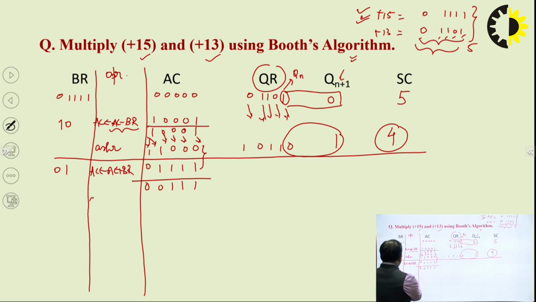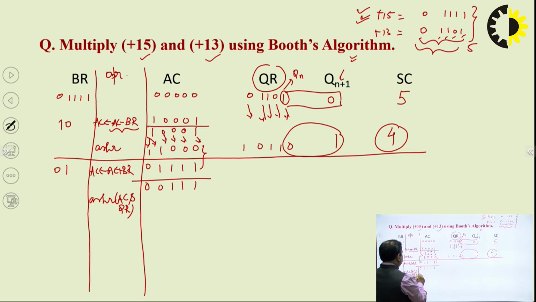Then perform the arithmetic shift right operation. The arithmetic shift right operation consists of the AC and QR. Remember it, AC and QR both will be shifted as per the ASHR operation.